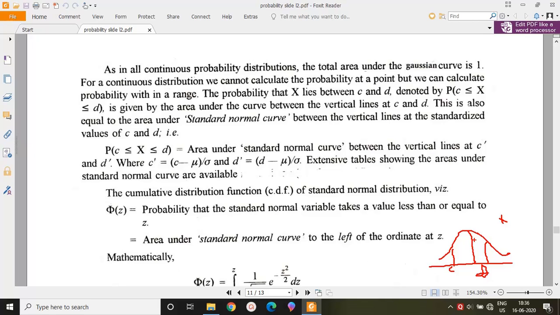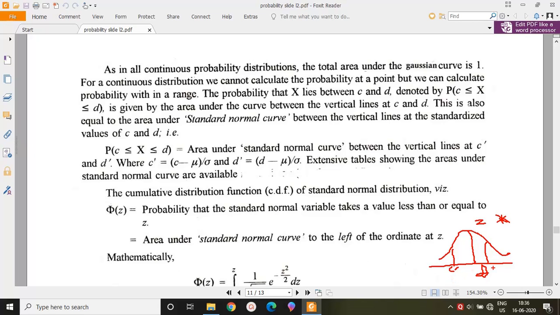Finding that area directly is not easy, it is difficult. So what we do is transform by taking the value in z. That is, you convert this Gaussian distribution into a normal distribution, and C is replaced by C dash, which is C minus mu by sigma, and D is replaced by D dash, D minus mu by sigma, and now instead of x it goes to z by substitution.